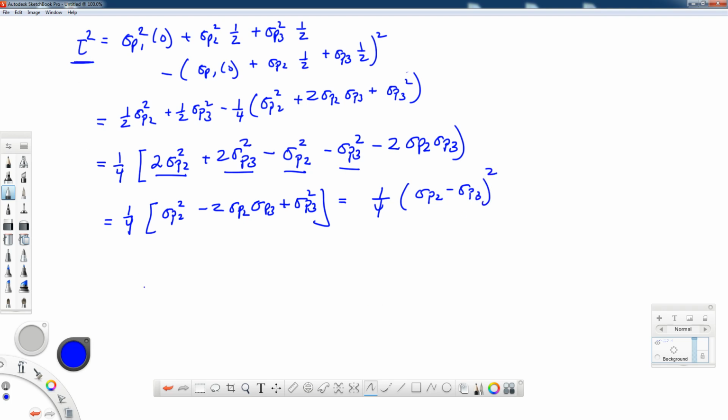Now this is the shearing stress squared, so if we take the square root, we have a plus or minus a half quantity sigma p2 minus sigma p3. Now that's an important result for us. The maximum values of shearing stress are going to be 45 degrees in between each pair of principal stresses.